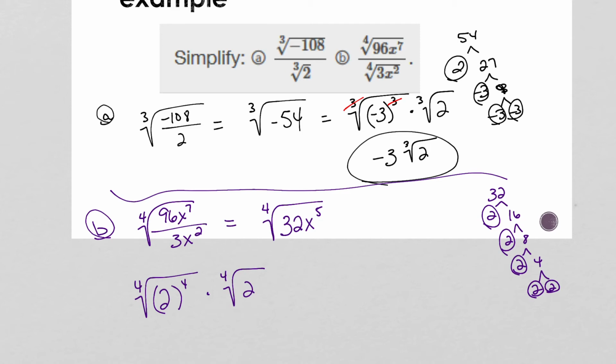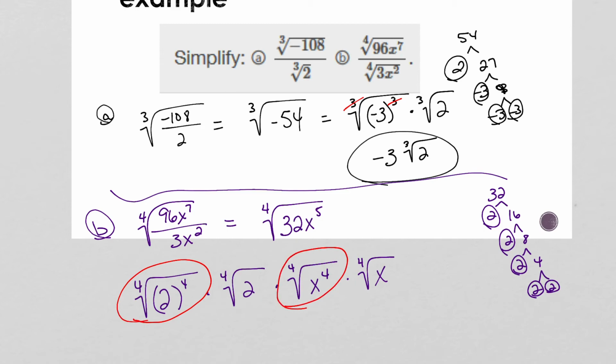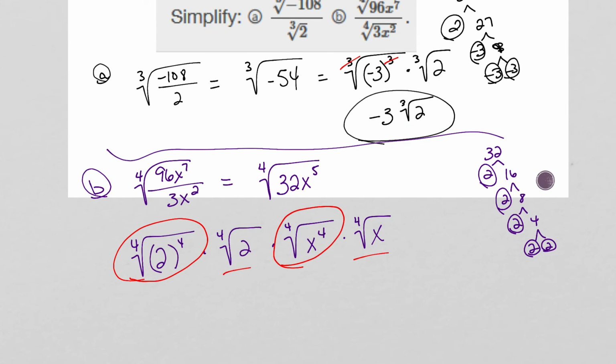And then also times the fourth root of x to the 4th power times the fourth root of x, because we needed a total of 5 of those as well. All right, so now I can take the fourth root of this one and I can take the fourth root of this one, and then these two are going to be left under the radicals with an index of 4 when we're done.